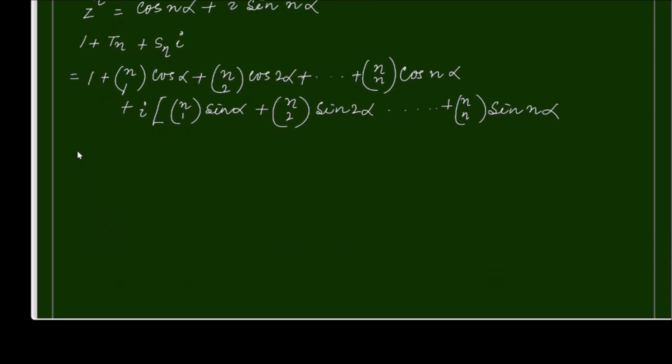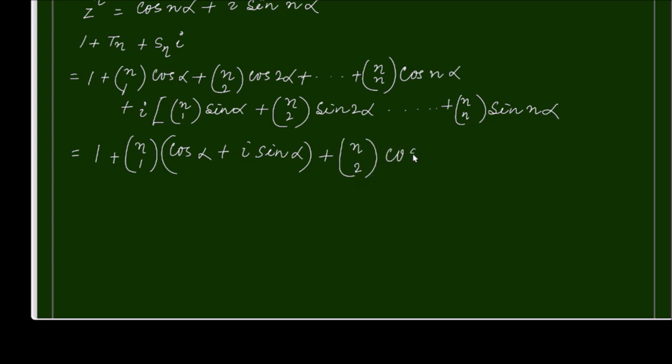So next I am arranging it. 1 plus nC1 (cos alpha plus i sin alpha) plus nC2 (cos 2 alpha plus i sin 2 alpha), and so on.